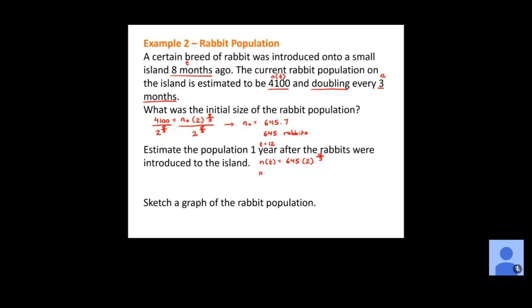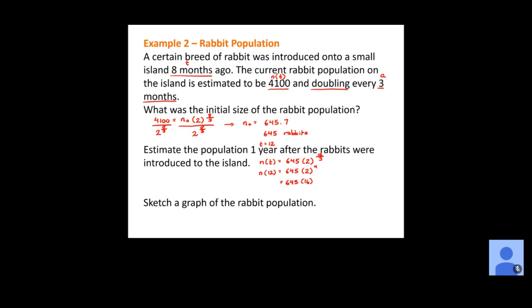So now when we do this, N of 12 equals, and we can just put all that into the calculator again if you want to, or if you want to go step by step, we're going to have 645 times 2 to the 4th. 2 to the 4th power is 16, so we have 645 times 16.